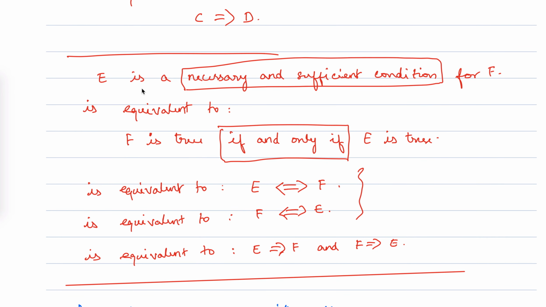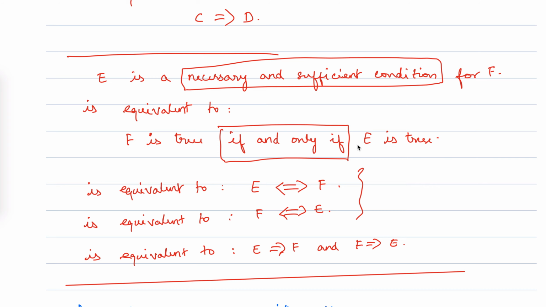Then finally, you might have heard of the notion of a necessary and sufficient condition. So E is a necessary and sufficient condition for F. That statement is equivalent to saying F is true if and only if E is true.